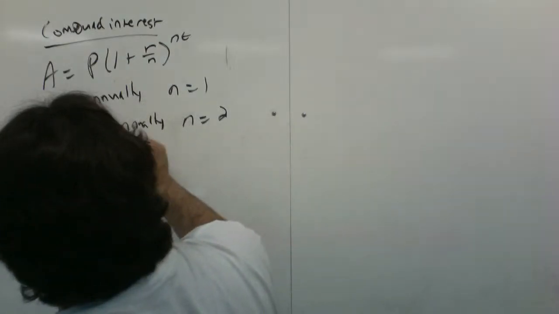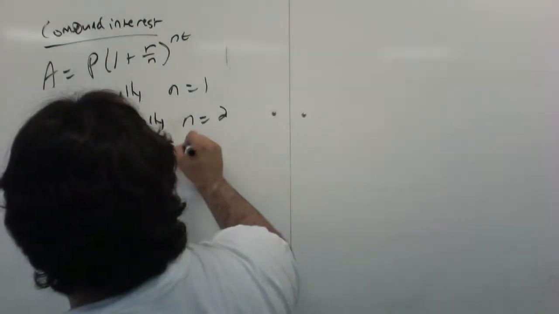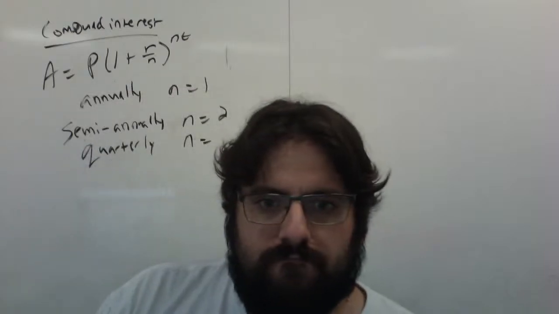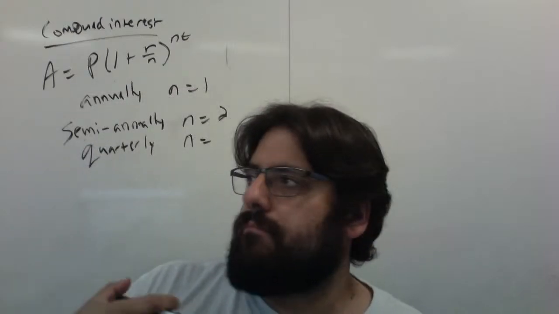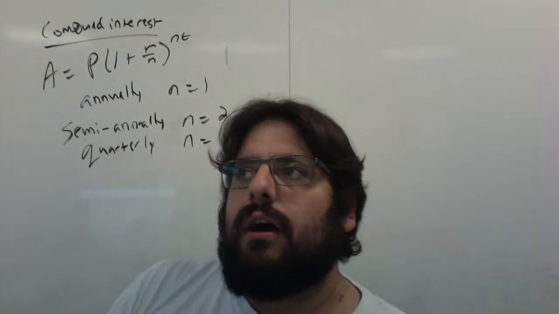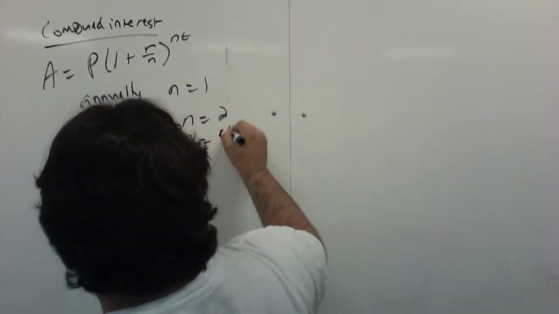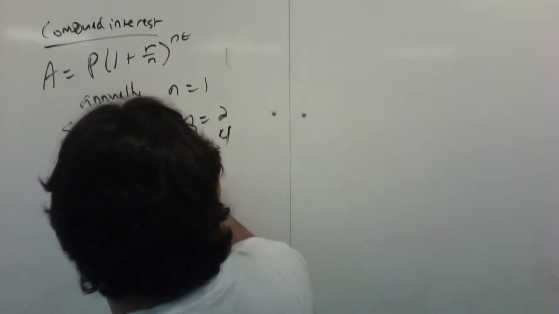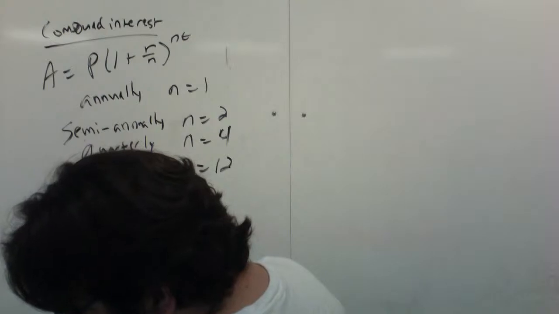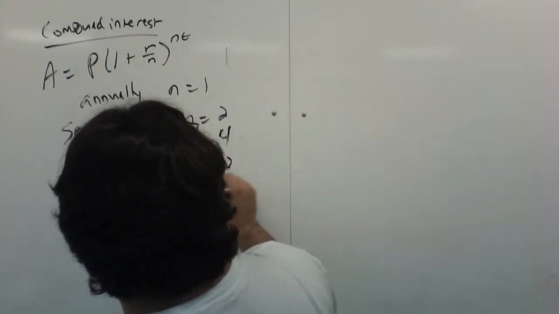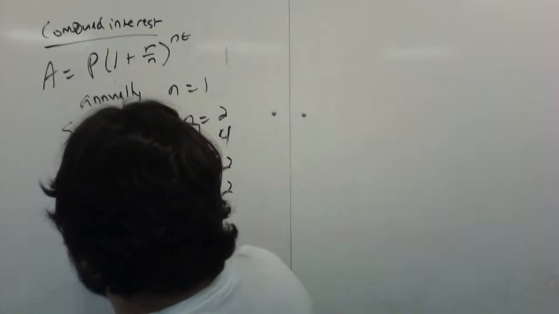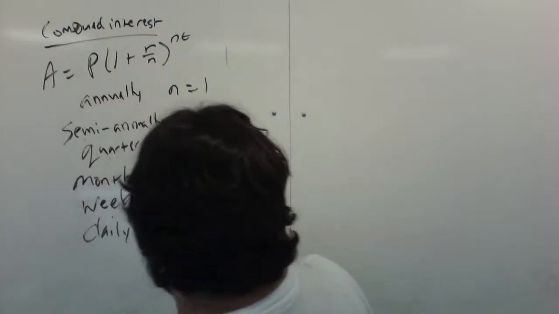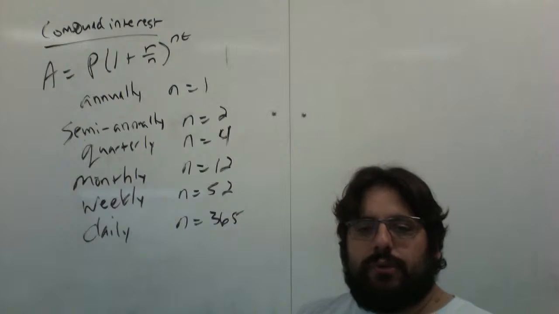Quarterly, I like to think of it as, with the word quarter, like a quarter of a school year, quarter of a football game, quarter of a basketball game. N would be 4. Monthly, of course, there are 12 months in a year. Weekly, that's 52 weeks in a year. Daily, and we'll just assume that we're not in a leap year, so we'll use the number 365.